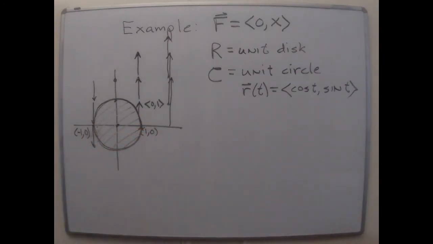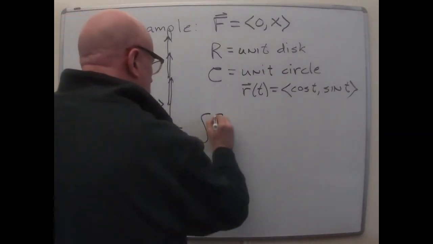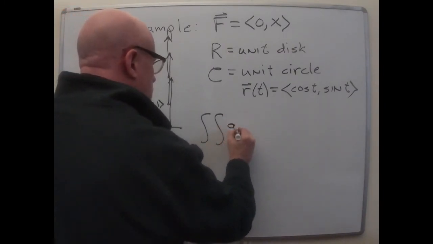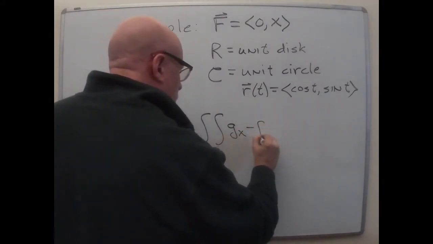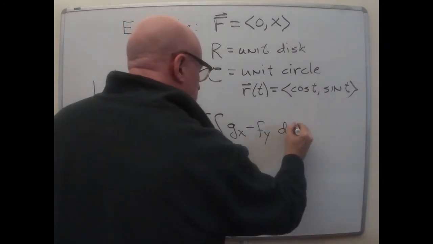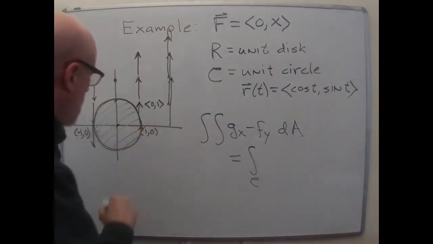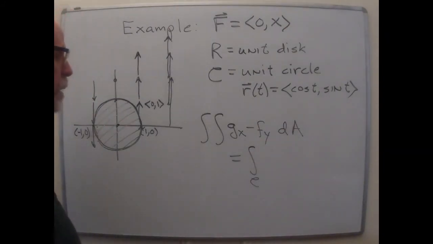And I'm going to do the circulation version. That is the curl/circulation version. So it should be the case that the double integral of, let's just write it as g sub y, always doing that, g sub x minus f sub y dA should be equal to the integral around the curve, which in this case is going to be the circle, cos t, sine t, of this.